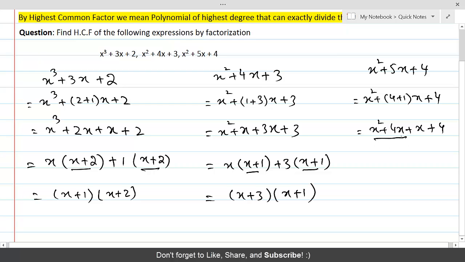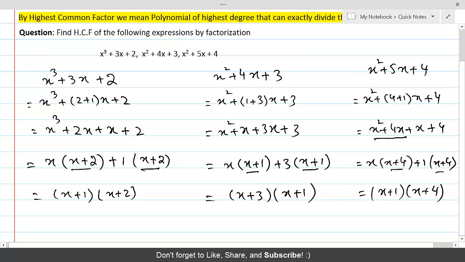Let's take x common out of the first two terms, which will give us x into x plus 4, plus 1 common, and this would be x plus 4. So x plus 4 can be taken common, giving x plus 1 times x plus 4.